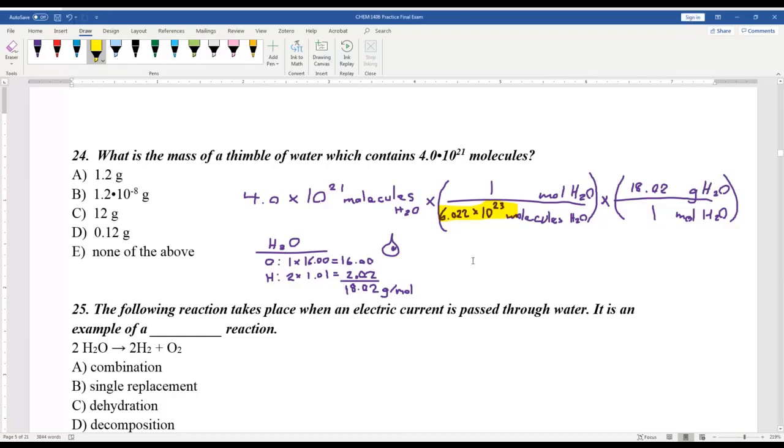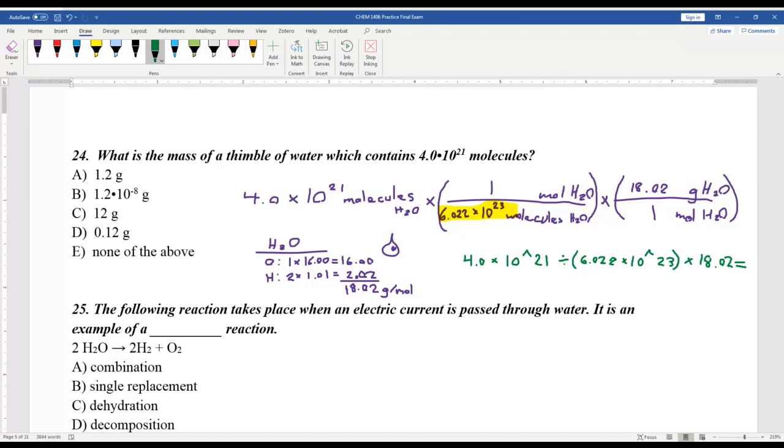You would type into your calculator like this: 4.0 times 10, then the little arrow button, 21, and then divided by, and then you'd have to use parentheses, 6.022 times 10, little caret button, which means to the power of, 23, close parentheses, times 18.02, and then the equal sign.